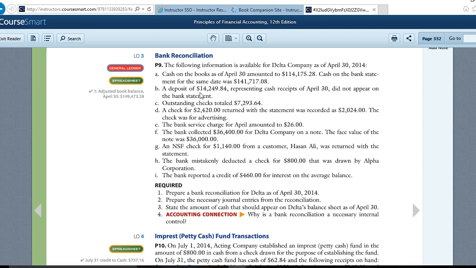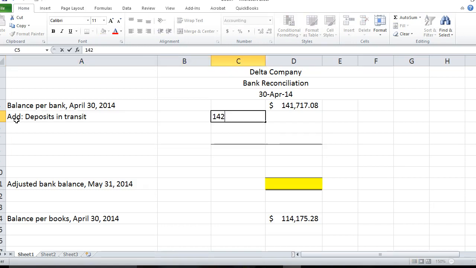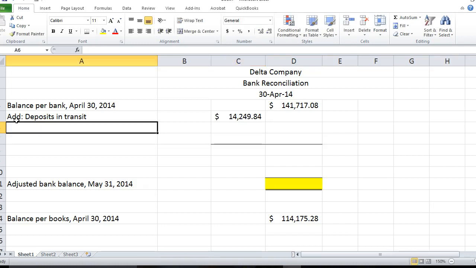So that means those were deposits in transit, correct? So we're going to add to this deposits in transit, $14,249.84.